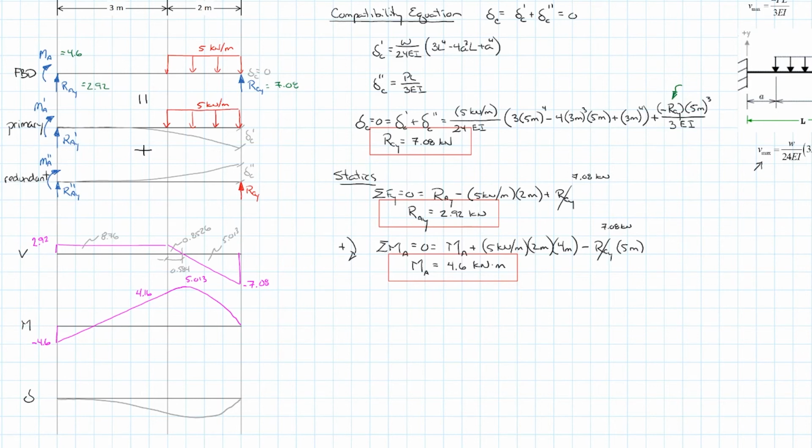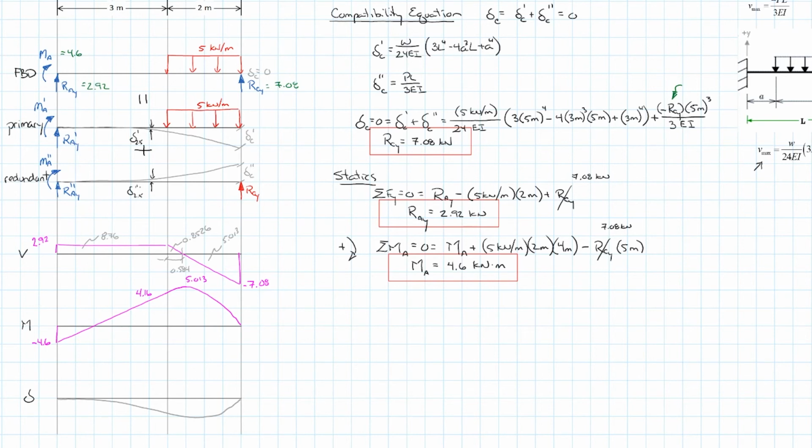So what I'm going to do is mark our displacements at x equals 2.5 meters, so that's somewhere around here, and that'll be the displacement at 2.5 prime, and here displacement at 2.5 double prime.